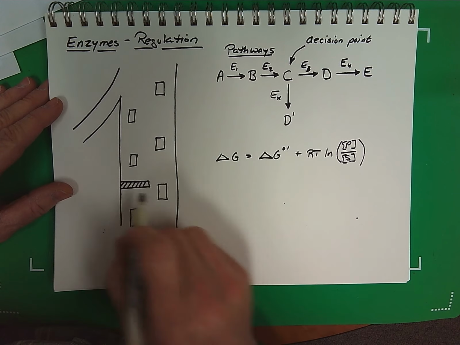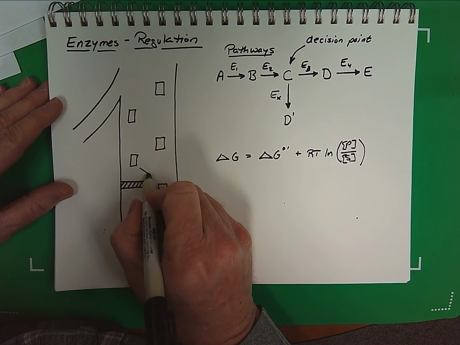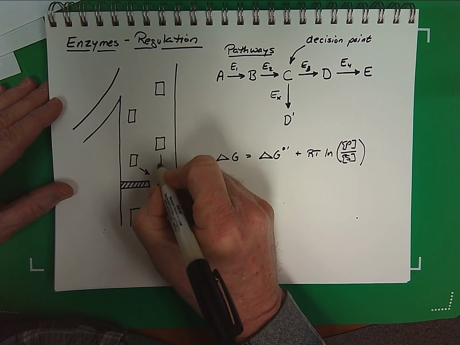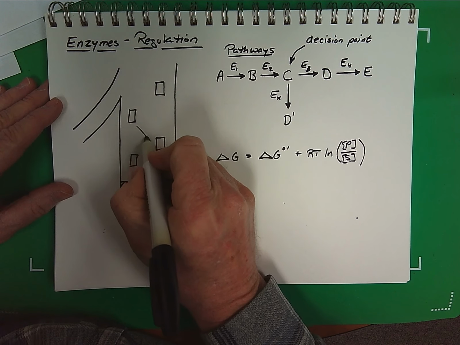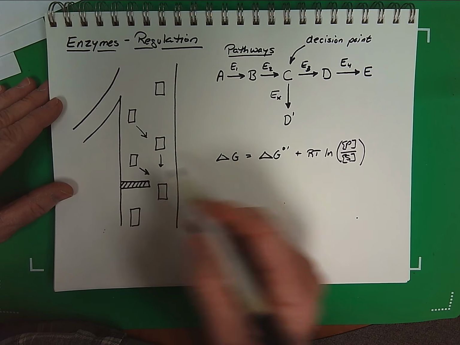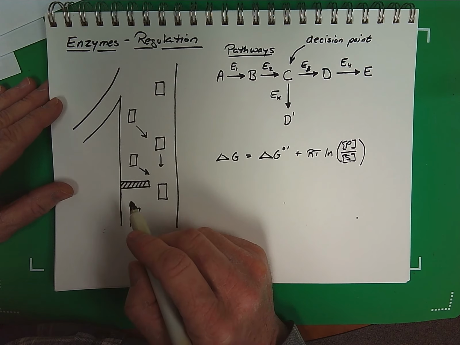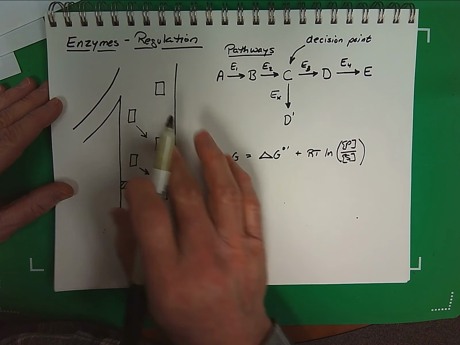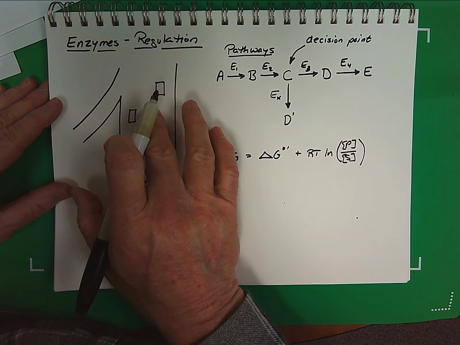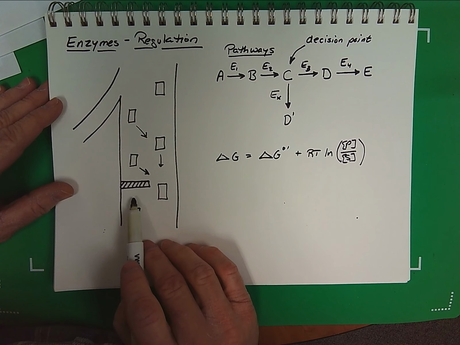Everything behind this barrier, all these cars behind the barrier, are going to slow down because all of these cars in the right lane need to move to the left. That is going to slow the progress of this reaction. Think of this as increasing the substrate concentration behind the barrier.